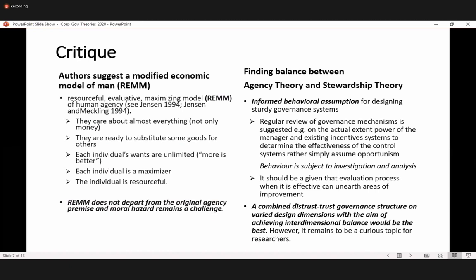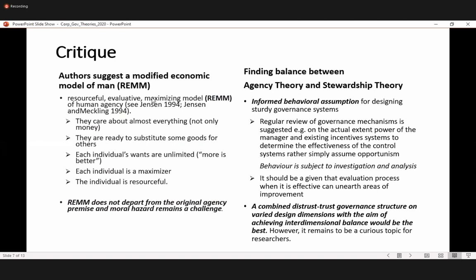There were authors who suggested a modified view of the economic model of man, said to be REM: that man is resourceful, evaluative, maximizing.